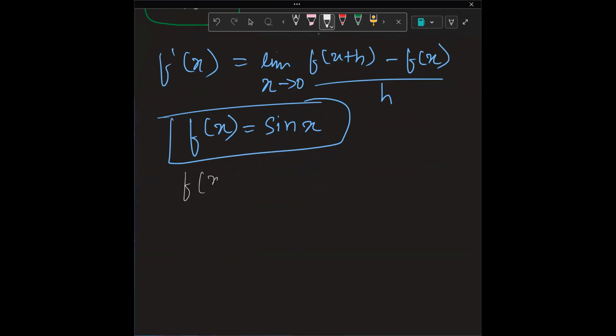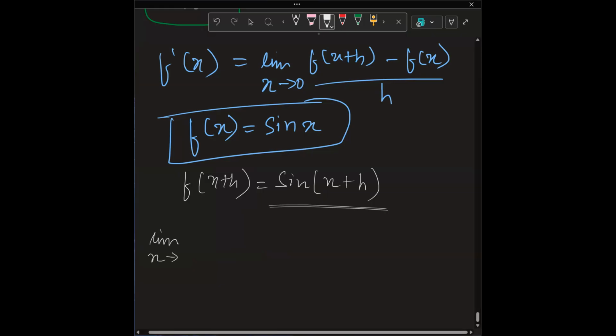What's your f(x plus h)? That means you have to just put x plus h instead of x. So this is your f(x plus h). Then you just have to put it in the limit.